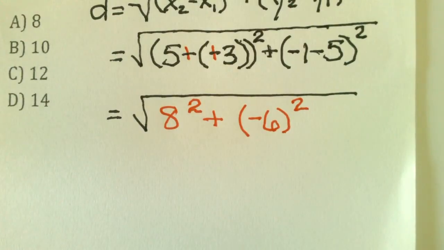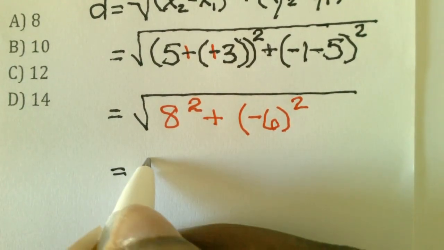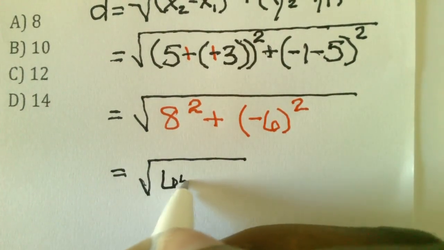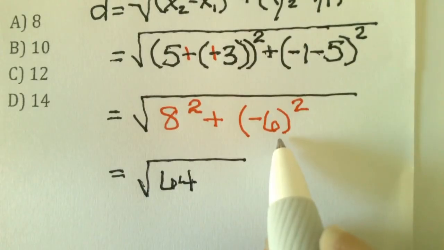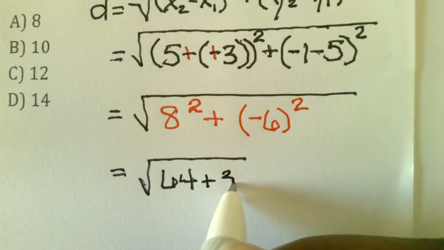So now, doing what's underneath our square root, we have our 8 squared, which gives me 64. And we have our negative 6 squared, which gives me a positive 36.